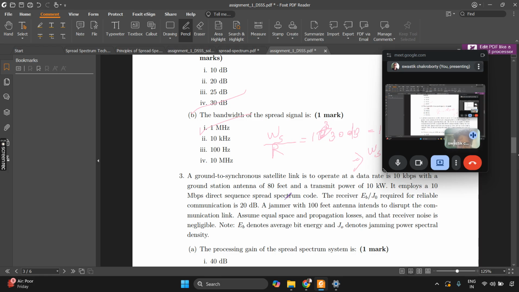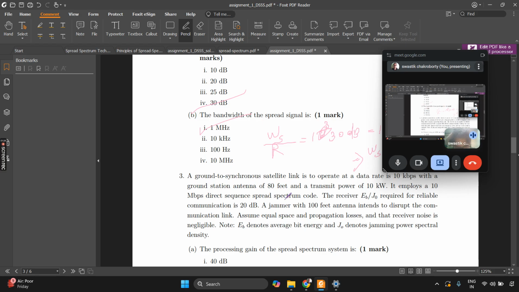It employs a 10 Mbps direct sequence spread spectrum code. The receiver Eb/J0 required for reliable communication is 20 dB. A jammer with a 100 feet antenna intends to disrupt the communication link. Assume equal space and propagation loss and that receiver noise is negligible.